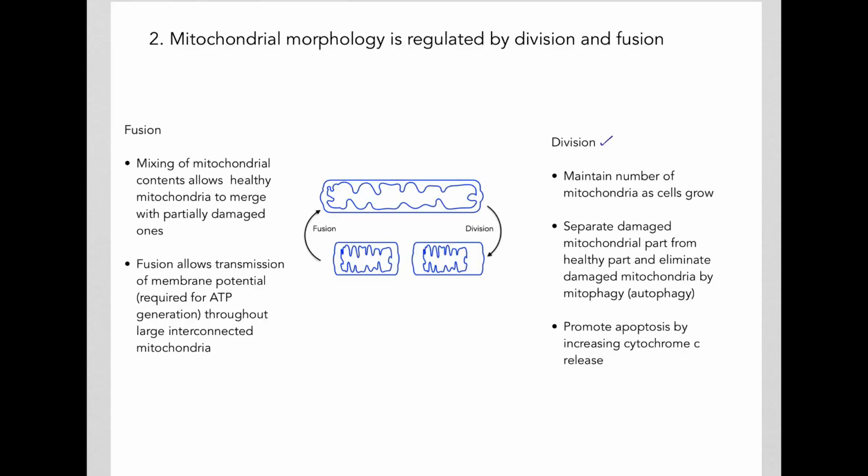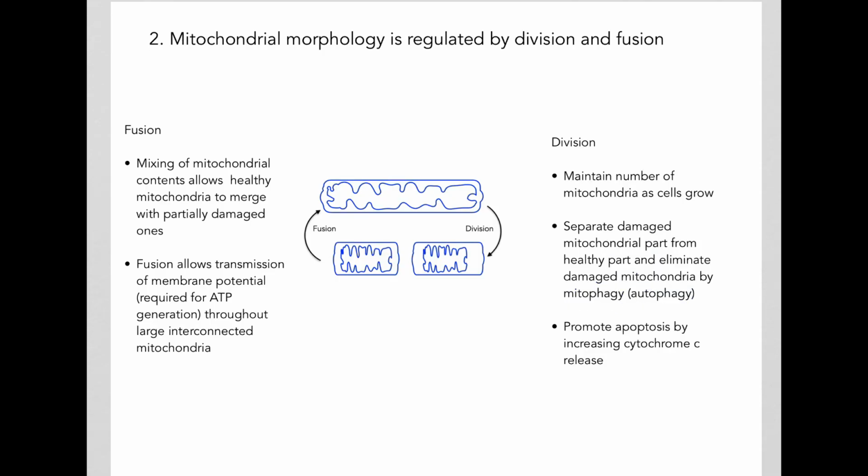Mitochondrial division helps maintain the number of mitochondria as the cell grows. Division also helps separate the damaged mitochondrial part from the healthy part. So the smaller damaged mitochondria are small enough that they can be destroyed by autophagy, or since it's mitochondrial autophagy, we call that mitophagy.